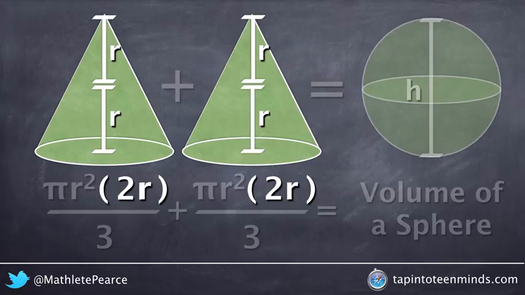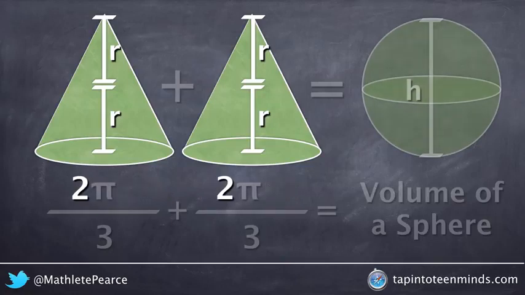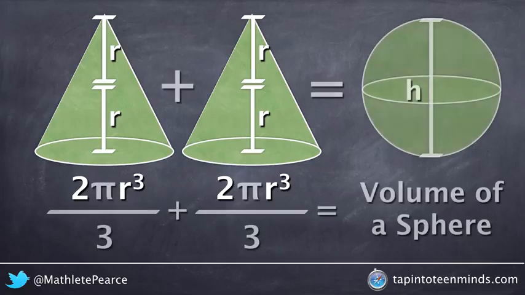Following mathematical convention, we'll bring the coefficient of 2 to the front of the term. And simplifying r squared times r, we get r cubed. Simplifying further, we'll notice that we have two fractions, 2/3 pi r cubed plus another 2/3 pi r cubed.